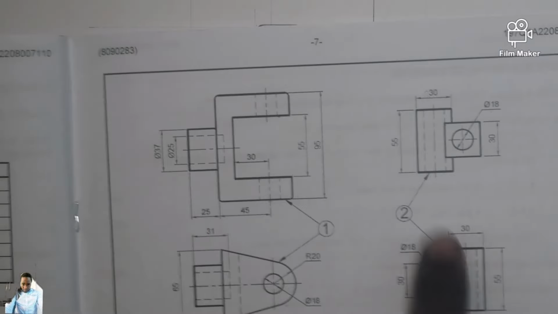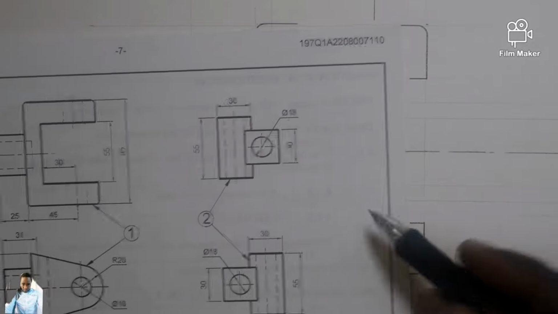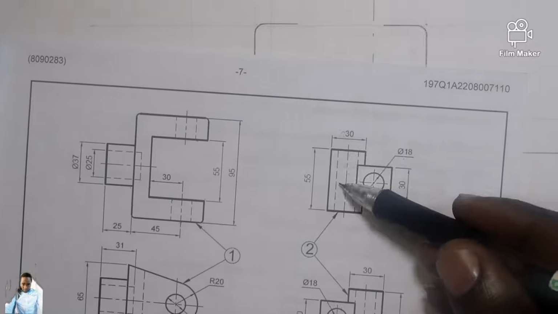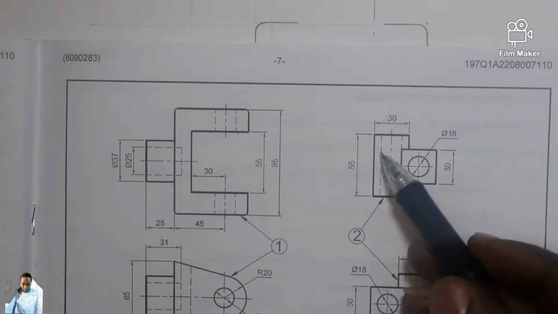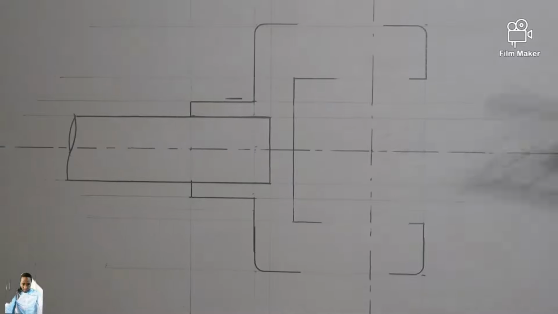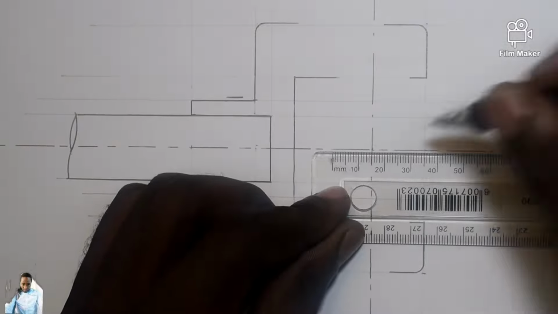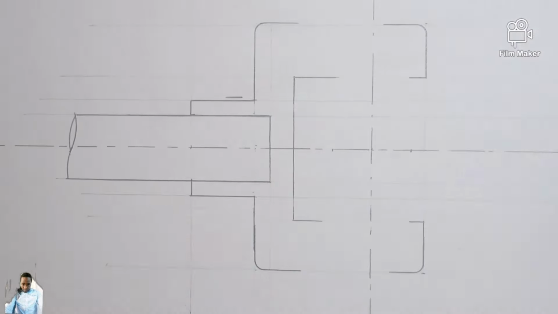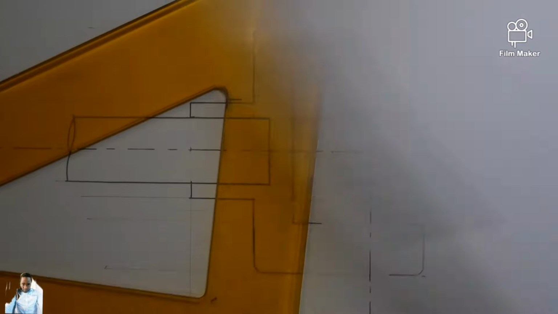Right. So now let's fit item 2 in item 1. Item 2 in item 1. So we're going to say 55 divided by 2, which is this one. So now we're going to say 30 divided by 2, which is 15 millimeter, like this. So my 30 is ending here, my 0 is ending here. Right.